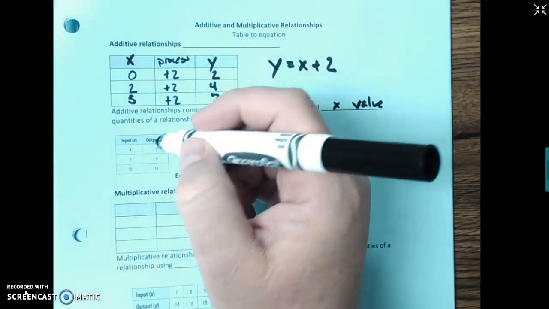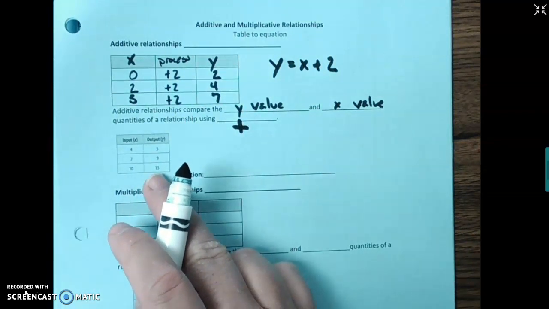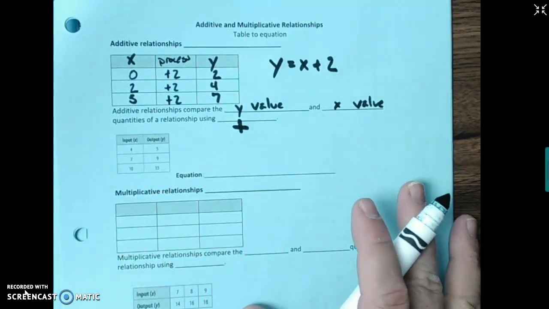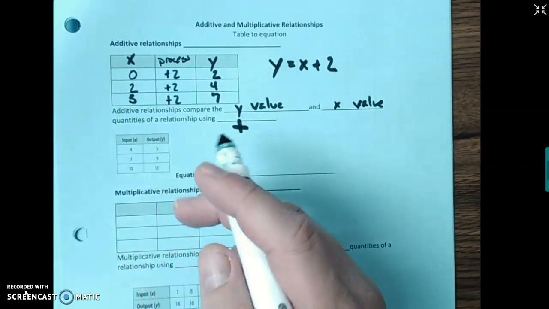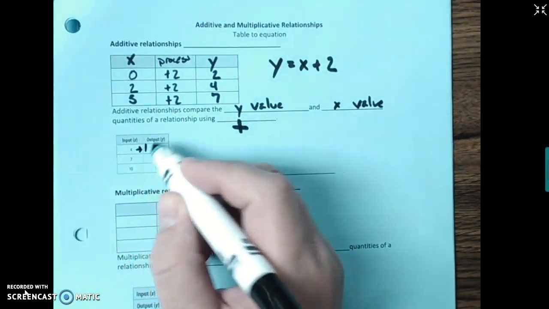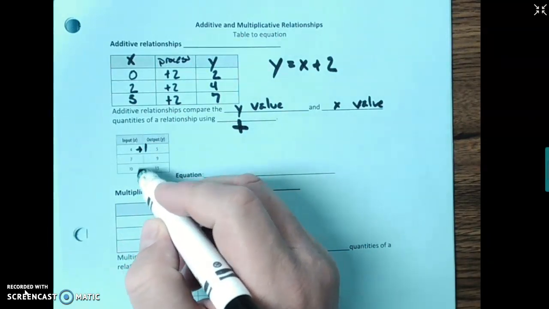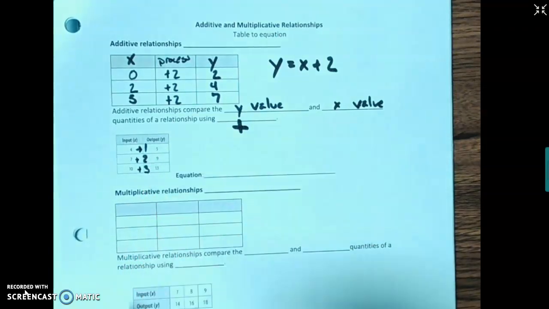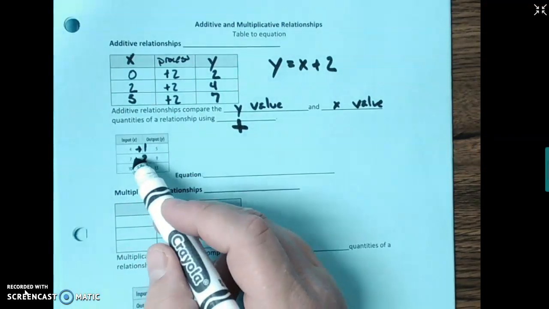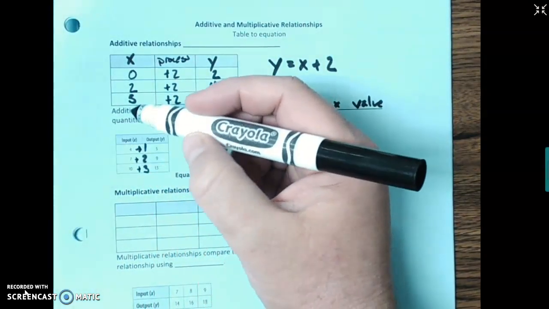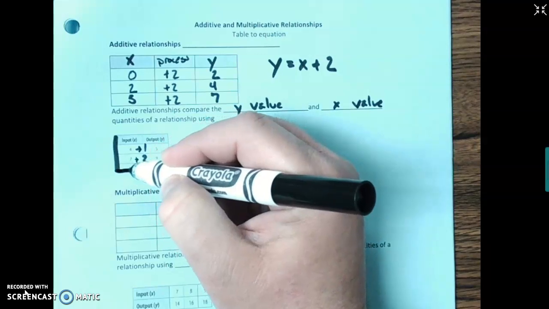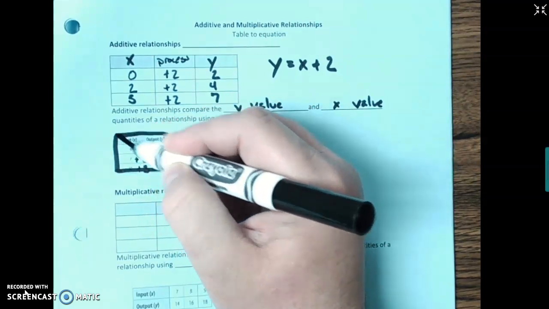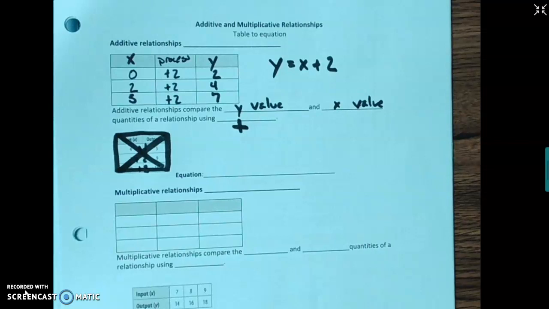Okay, and we are going to say, all right, my x value plus 1, 4 plus 1 is 5. 7 plus 2 is 9. 10 plus 3 is 13. Okay. That is actually a bit more complex than what we're going to do. This one is going to be different than what we're doing, so we are not going to look at that at all. Apologize for wasting your time on that. Let's move down here.